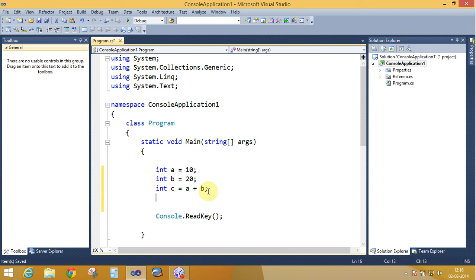Here there are two operands and one operator. The two operands are a and b, and plus is the operator.